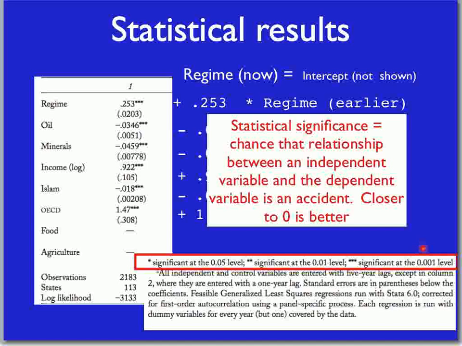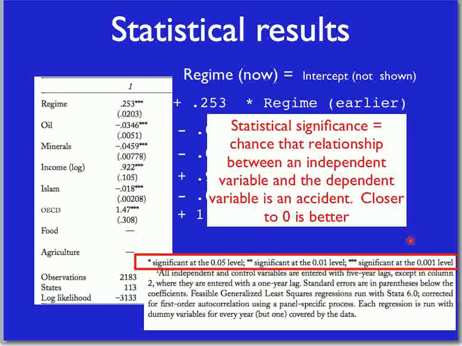So what is statistical significance? Well, it's defined in the box here. It's the chance that the relationship between an independent variable and the dependent variable is an accident. Closer to zero is better. So the smaller the chance that the relationship is an accident is, the more statistically significant that variable is.